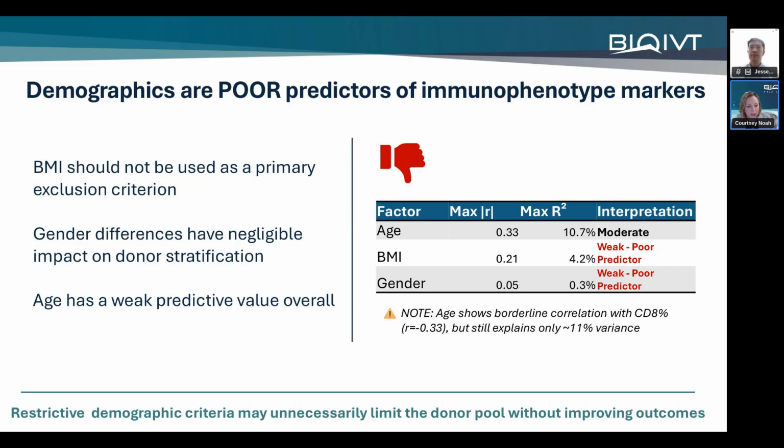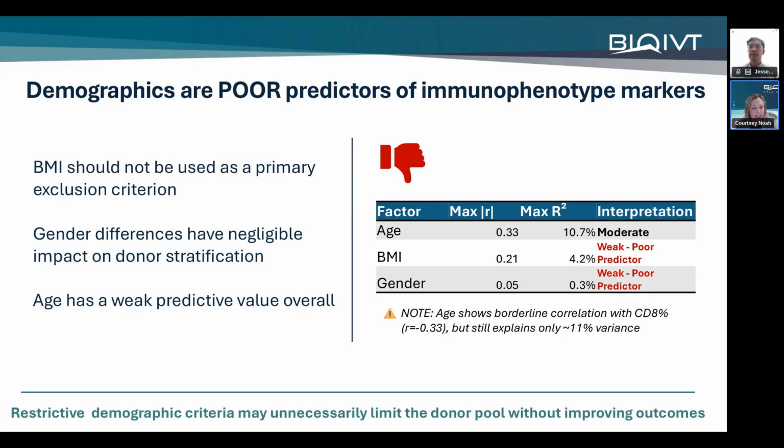As I alluded to at the beginning, historically there's been a big focus on demographics and what type of demographic creates that ideal donor. But what we see, at least from an immunophenotype or immune cell composition perspective, is that demographics really aren't a great predictor.